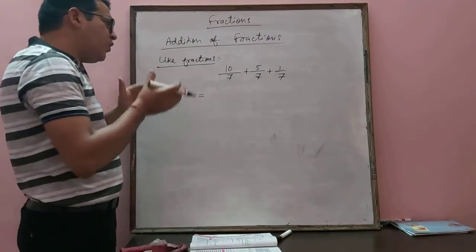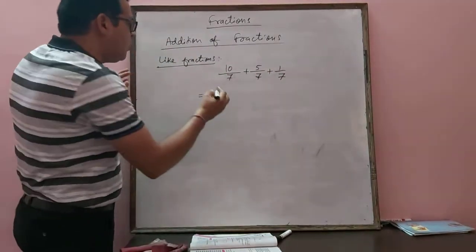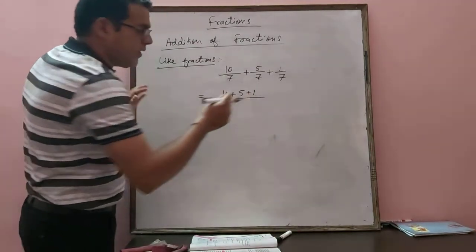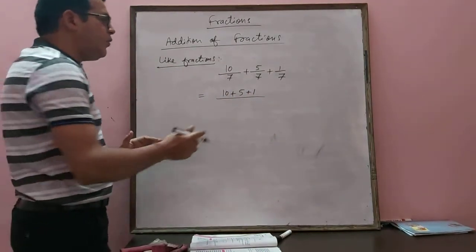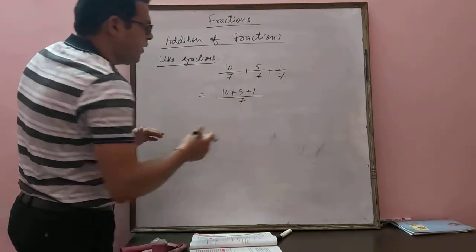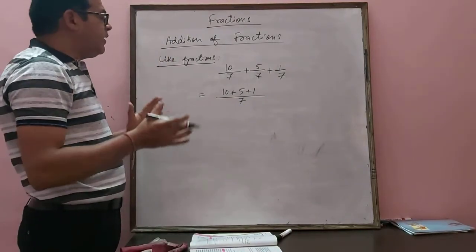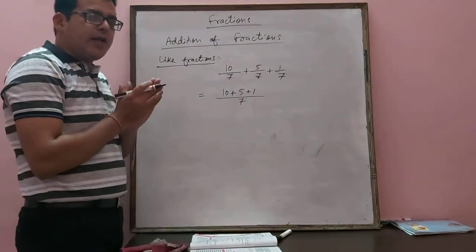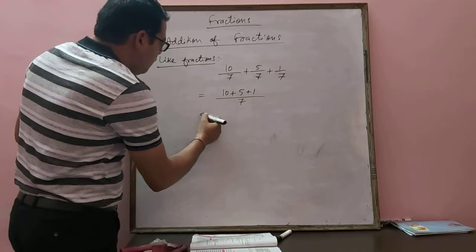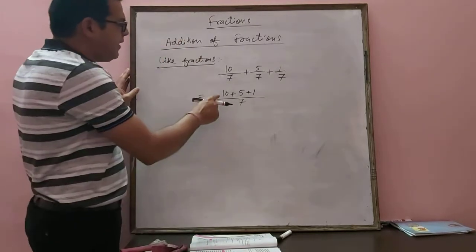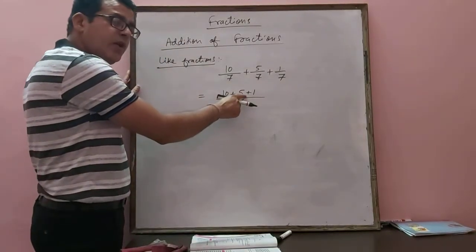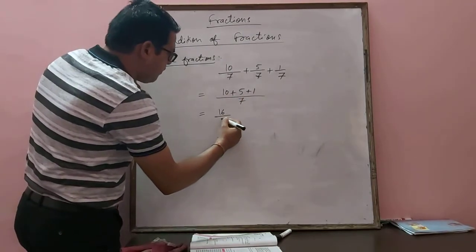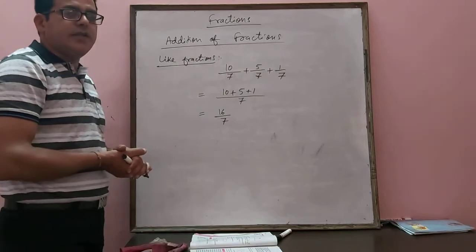If denominators are the same, we add their numerators directly, and we put only one denominator. The result is now in compact form, only one fraction you will get after adding. Now if we add 10 and 5 together, we have 15, then plus 1 is 16. So 16 upon 7 we can write.